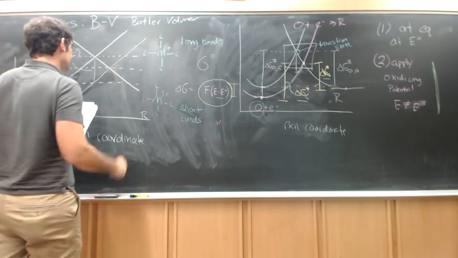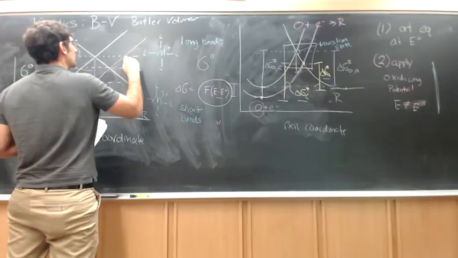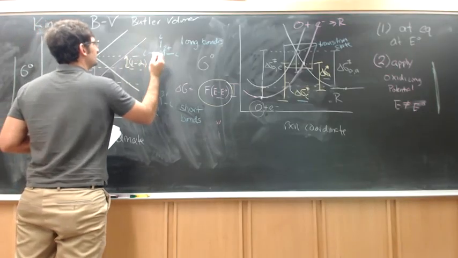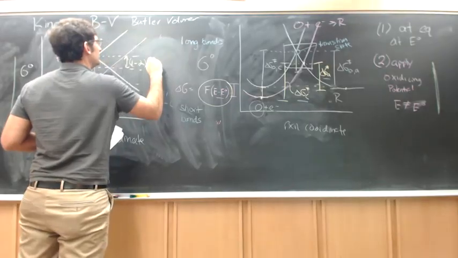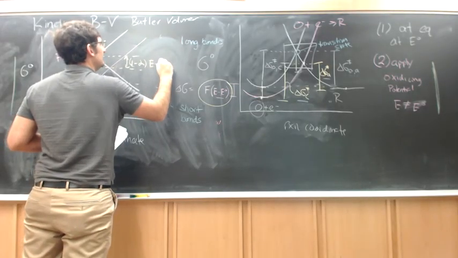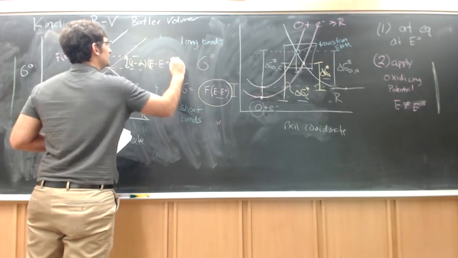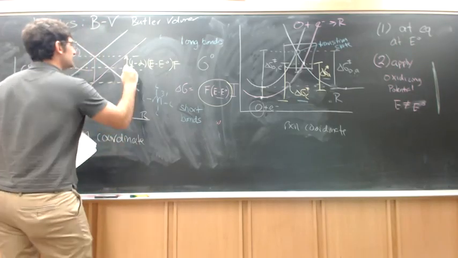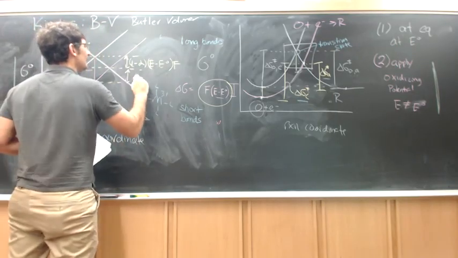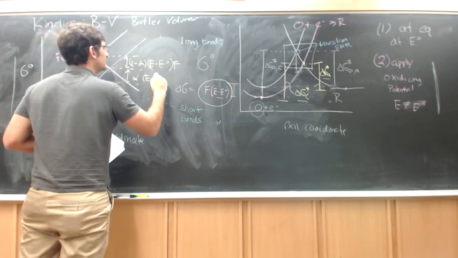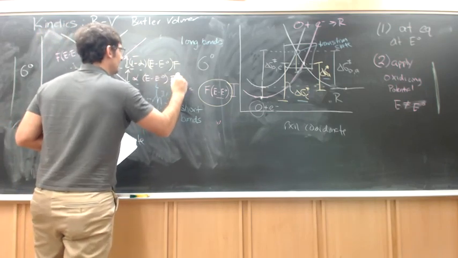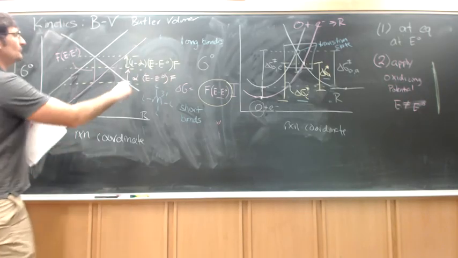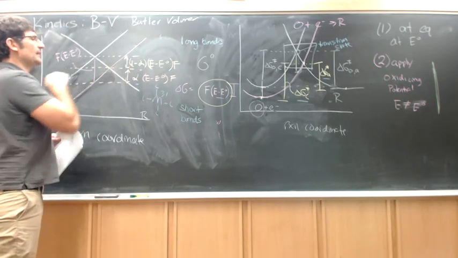And this fraction here, we're going to call 1 minus alpha, times (E minus E naught) times F. And we're going to call this fraction alpha (E minus E naught) F. And as you can see, what's this fraction plus this fraction?